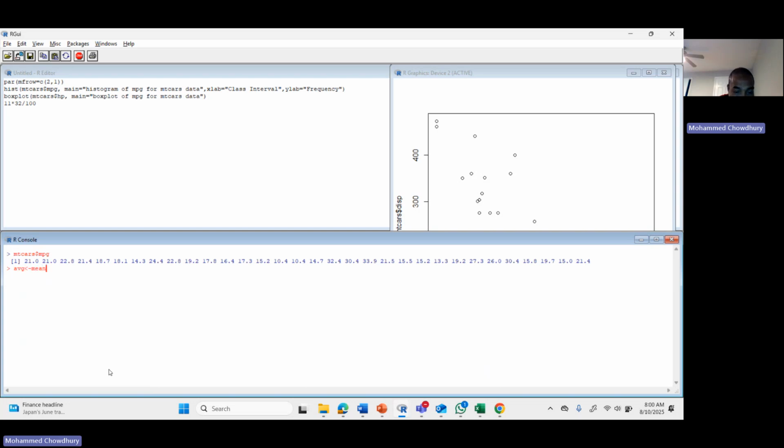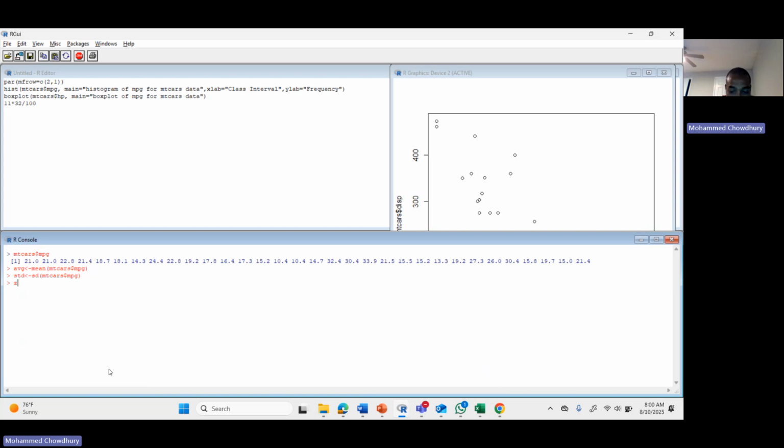I can compute the standard deviation, std equals sd of mtcars$mpg. So now what is Z?